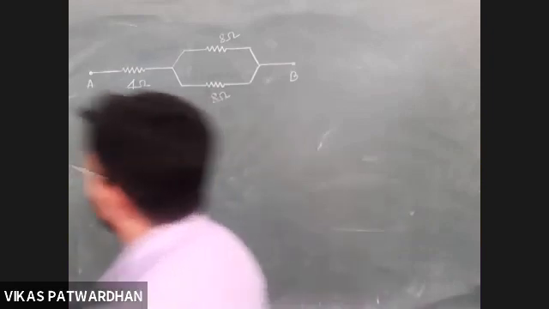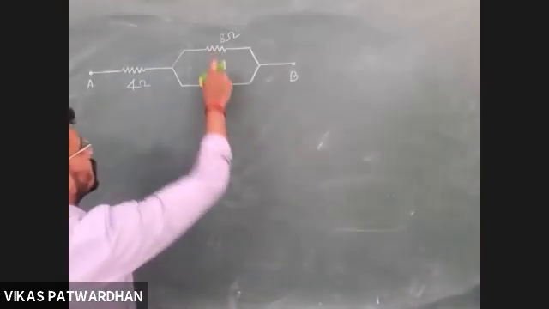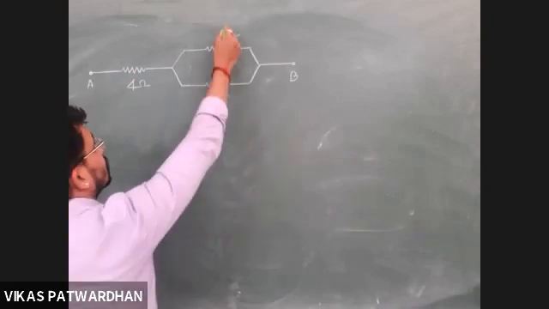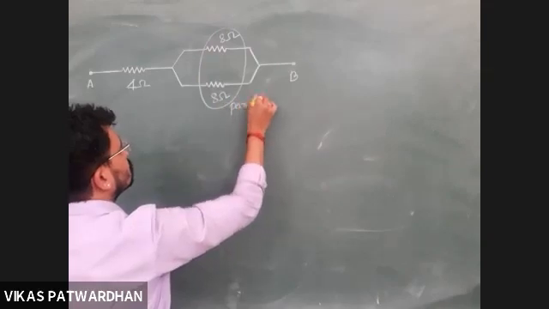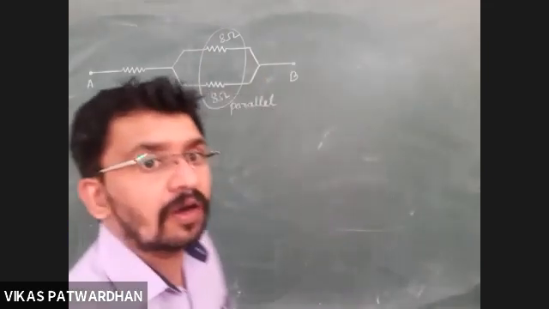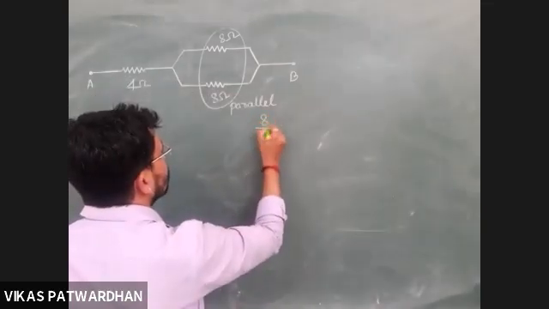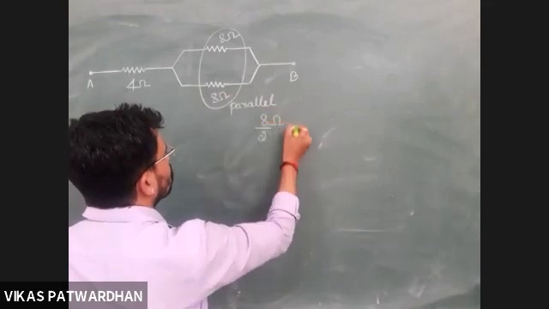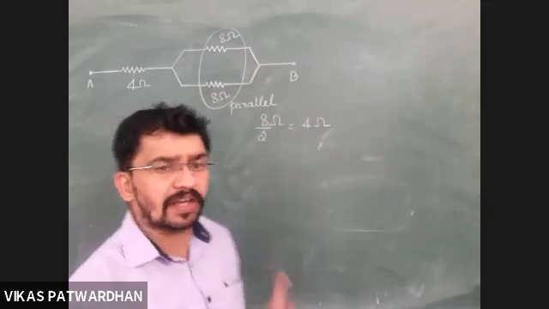So, how are these 8 and 8 connected? They are connected in parallel. Now, since two are connected in parallel, what is the effective resistance? Can I write 8 ohm by 2, 4 ohm? On what basis did I write that?